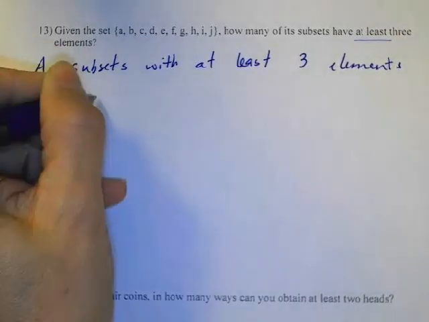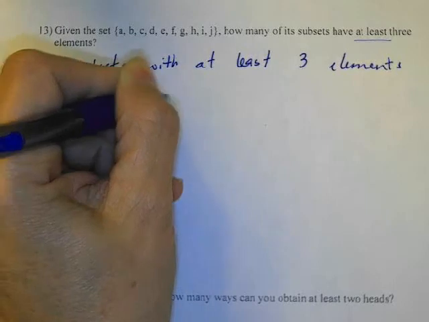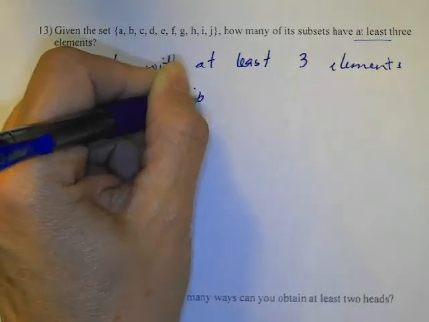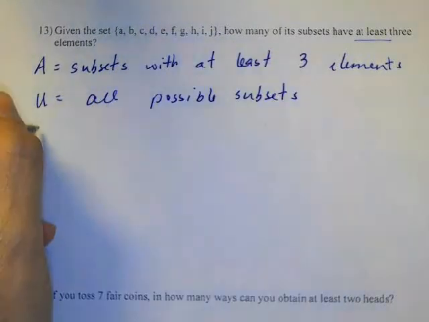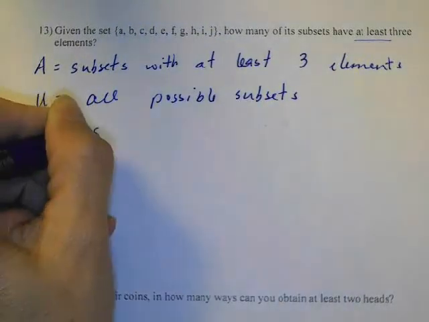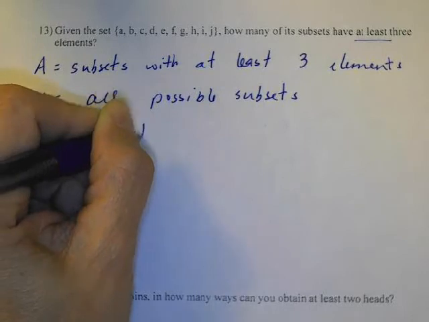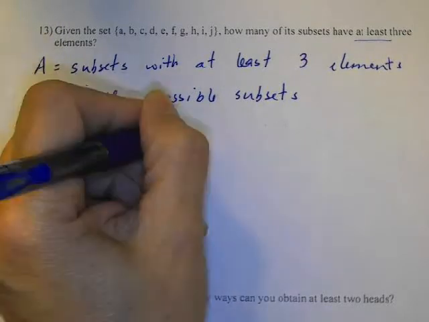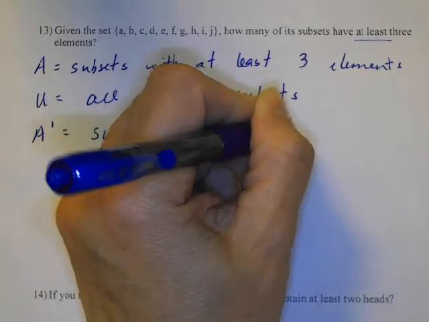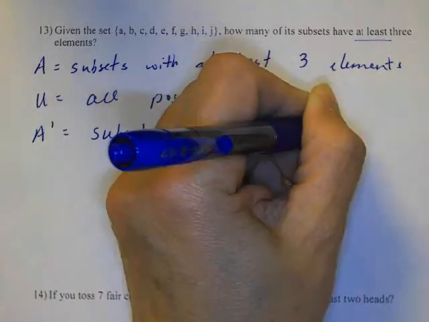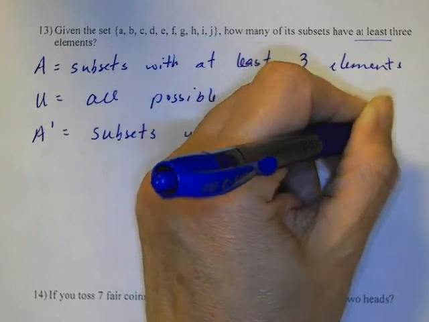U, all possible subsets. A prime, subsets with less than 3 elements.